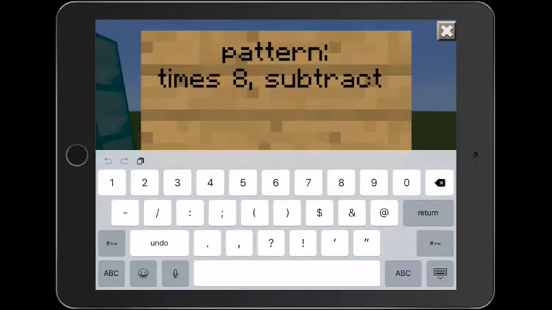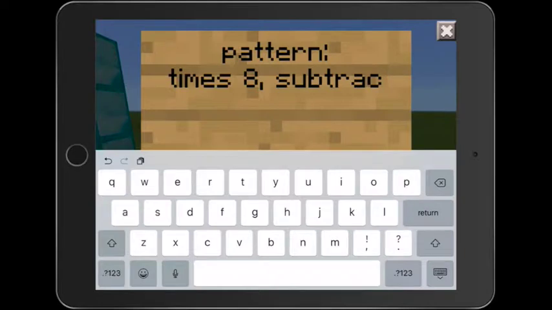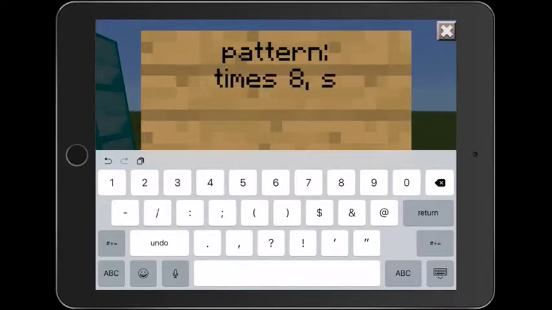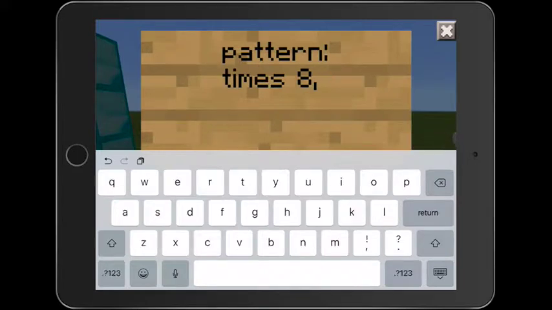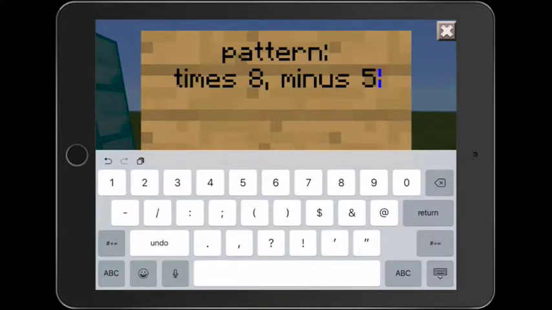Oh, I can't get it with subtract 5. Let's try subtract 5. You guys can't even put that in there. How about instead of subtract, we say minus? There we go. So times 8 minus 5. That's what the pattern is.